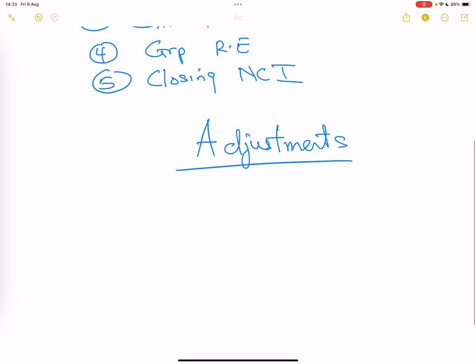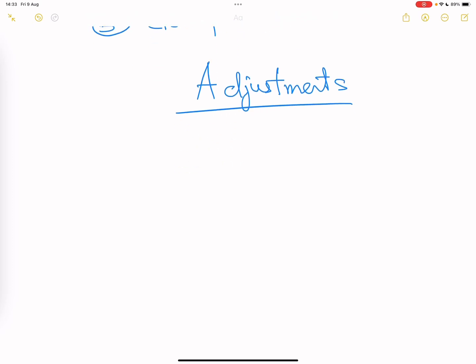And I've seen a lot of comments from all of you. Someone asking for how to make adjustment for unrealized profit, fair value, and all of that. So that is exactly what we want to start looking at today. So what are the things we'll be looking at? We'll be looking at intra-group transactions.